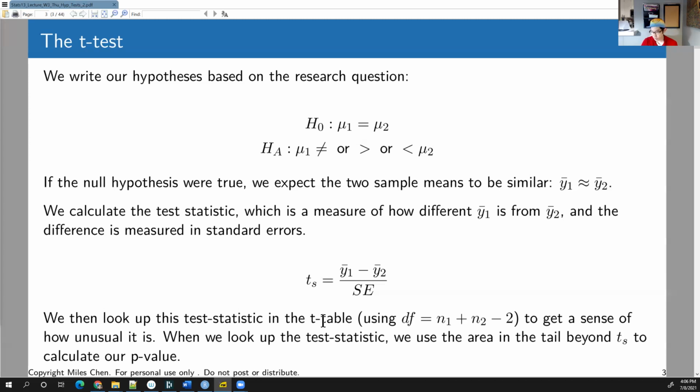When we look up the test statistic, we try to find the area in the tail beyond whatever TS is. If you have a positive TS, you look for the area beyond that, or for a negative TS, the area beyond that to the left, or maybe you have a two-sided test and you take both of those areas. Whatever you get, that's going to be our p-value.